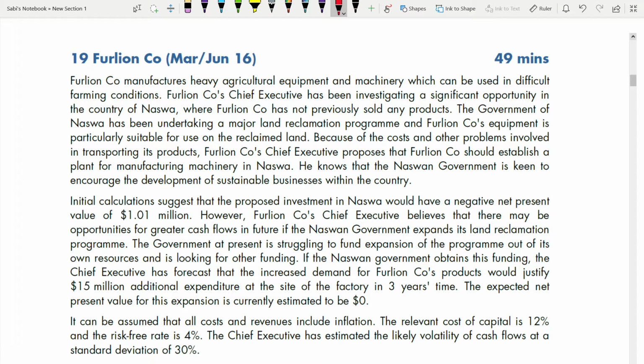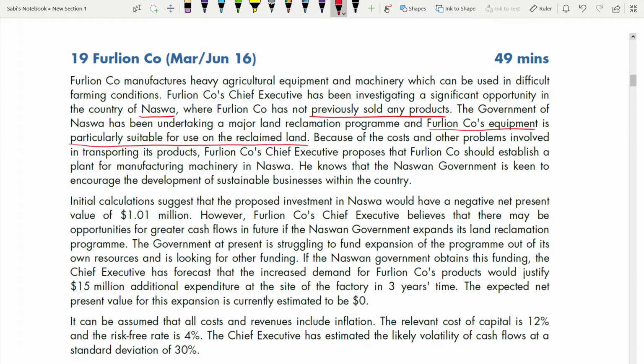So this could be one of the factors. They have previously not sold any products in Naswa.